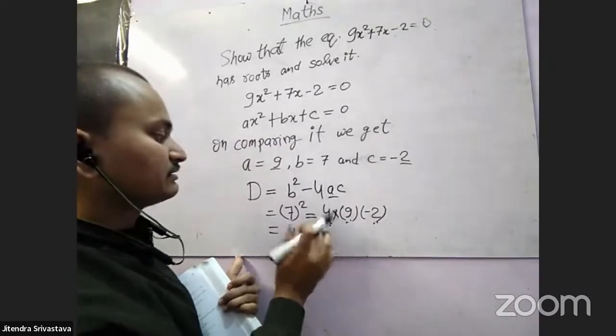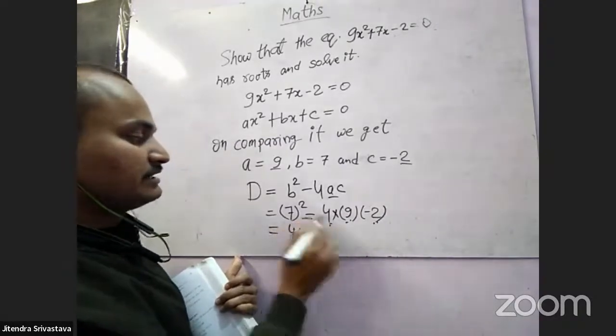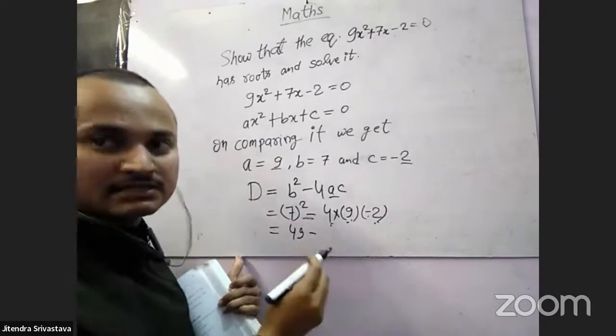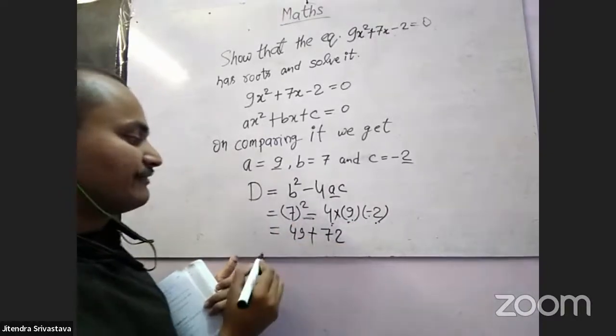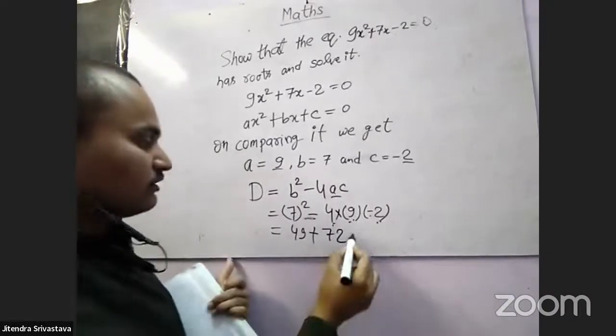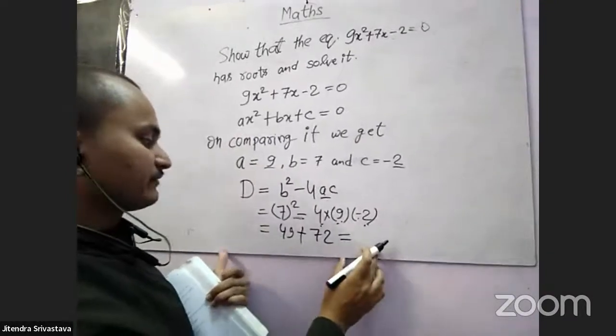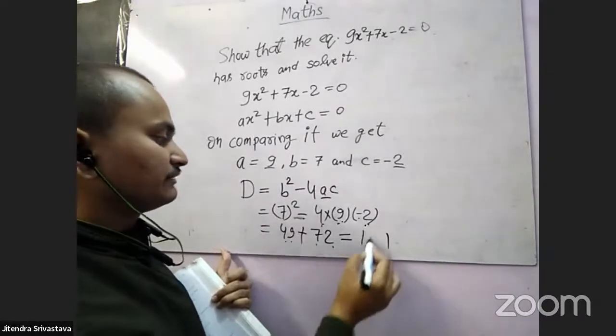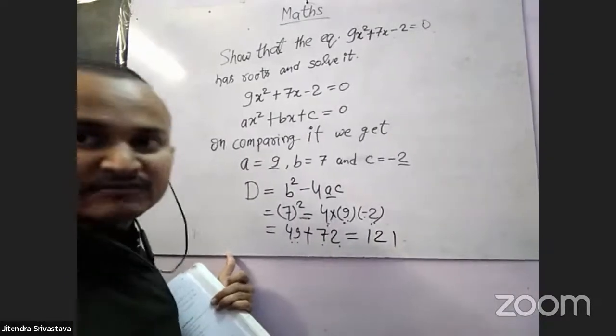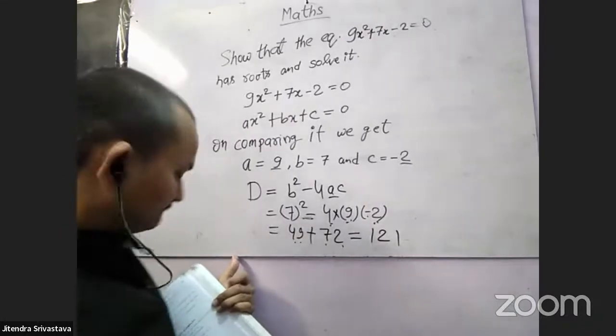This minus and this minus will make it plus 72. Now we will add these numbers: 49 plus 72. 9 plus 2 is 11, 7 plus 4 is 11, plus 1 is 12. So the value of d is 121.